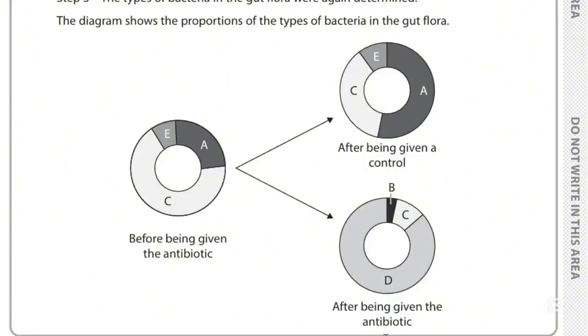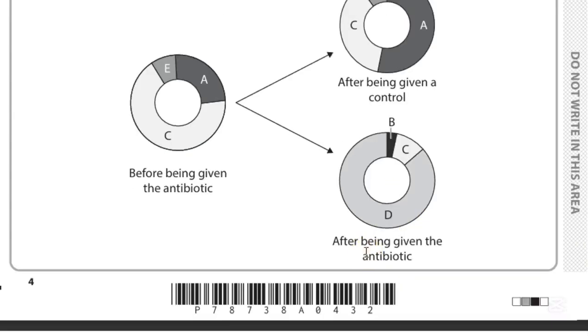After giving the antibiotic, we can see a change: the proportion of D increased. C became really low, like it decreases up to 50 to 70%. And we can see that B is in a really small amount. So now let's go with the question.